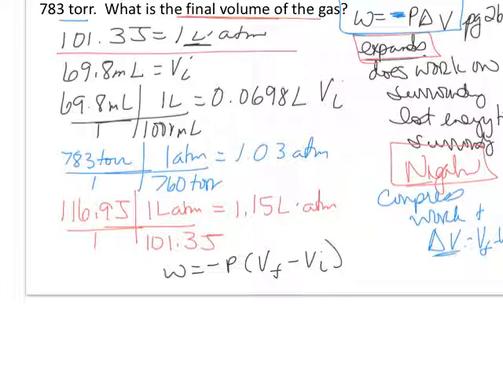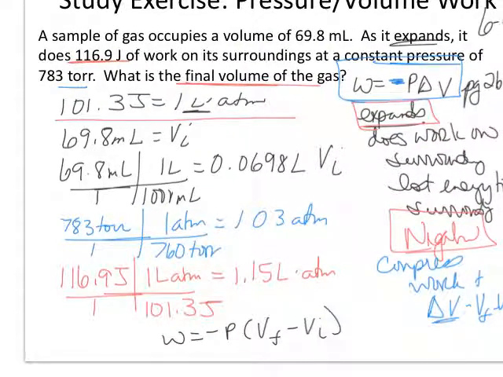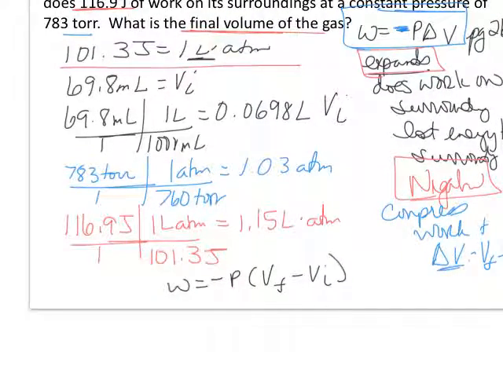So work is Q, and that's going to be negative, I'm sorry, that's not negative. Actually it is, because it expands, so we know that it's going to be negative. So the answer is negative 1.15 liters times atmosphere equals the negative from the equation.